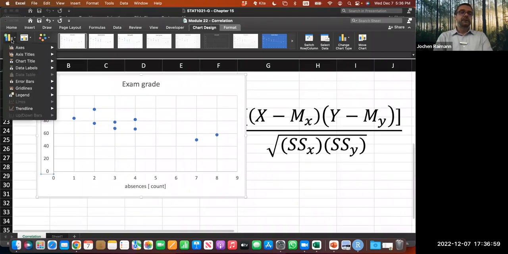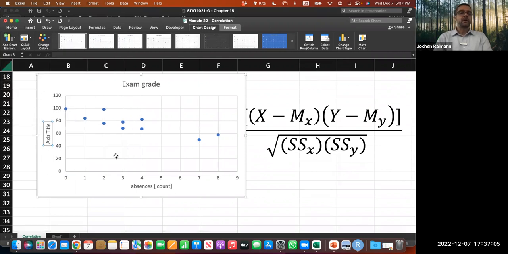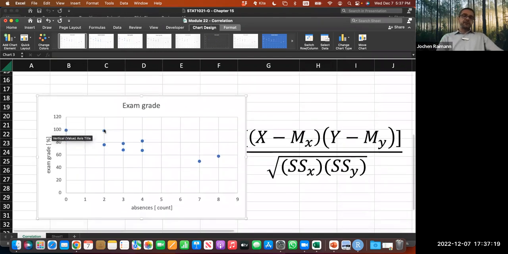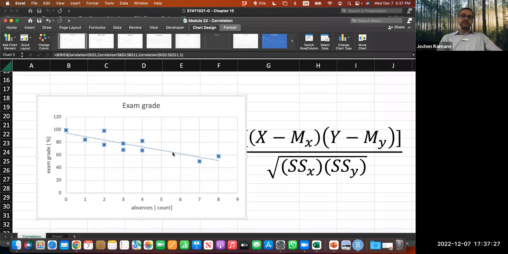You want to know that this is labeled correctly vertically as exam grade percentage. That captures this association that you have. You add a trend line. That gives you a linear trend line.